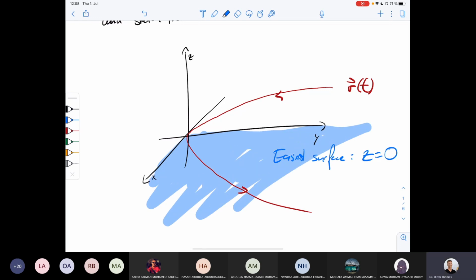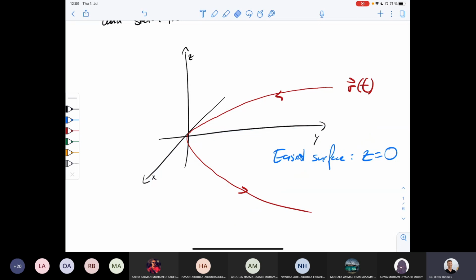Right, this is the easiest surface probably containing our curve. Of course, there's also one other one that was already in the comments twice, once more, a bit more conveniently written down, the other one.